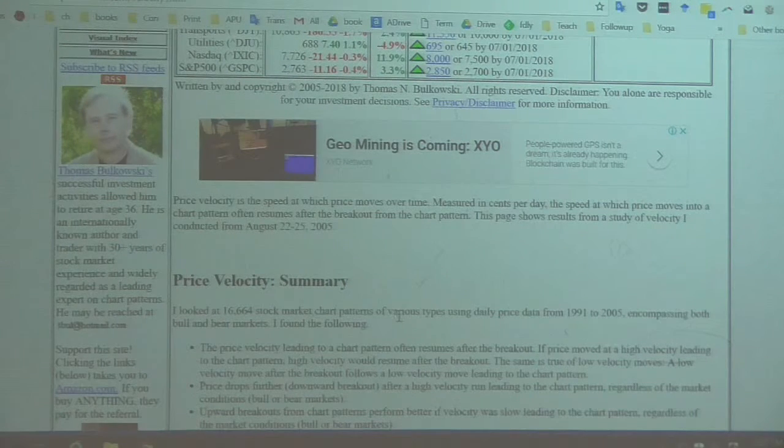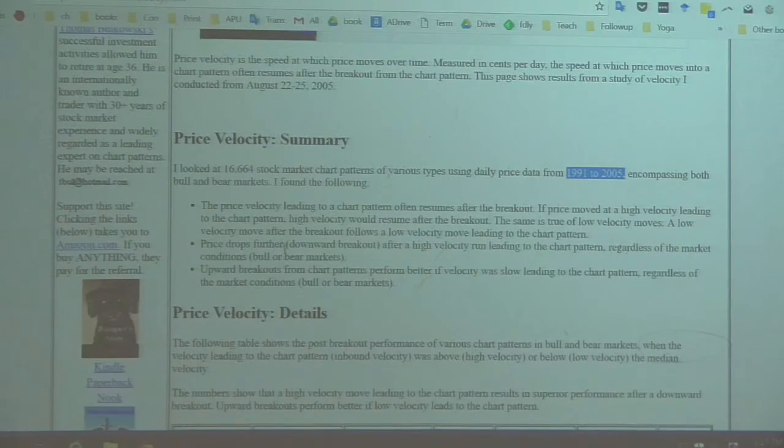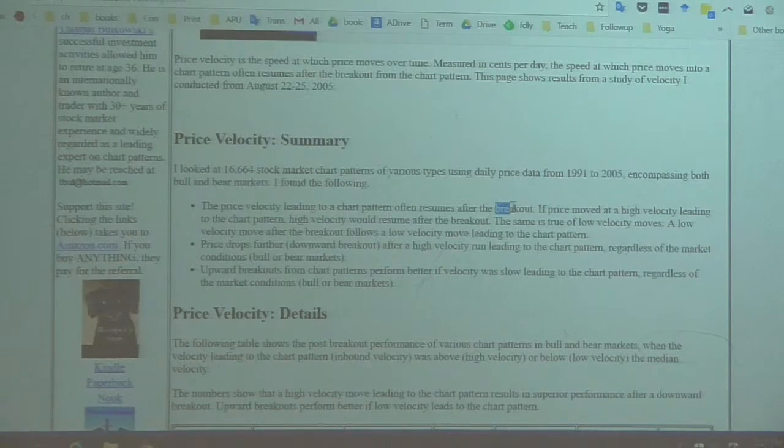Market chart patterns of various types using daily price. So the price data from here is daily price data, the price every day, not the price every minute, encompassing both bull and bear markets. I found the following: the price velocity leading to a chart pattern, I don't know what that means, often resumes after the breakout.